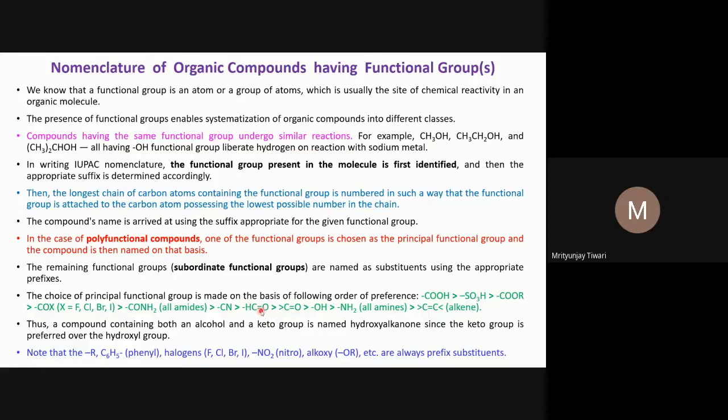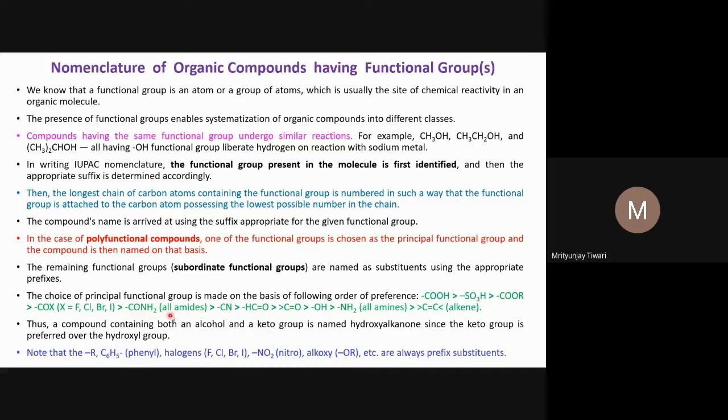So aldehydes are more reactive than ketones, and then alcohols, then amines, and then double bond, and then triple bond you can write. So this is very important. Carboxylic acid COOH, meaning the OH group with the CO group, has the highest reactivity. This is an acid, and sulfonic acid is also a strong acid, so its priority comes after the carboxylic acid. Then this hydrogen is replaced with the R group, OR, so this is the ester, and then halides, and then this halide X group replaced with NH2 group.